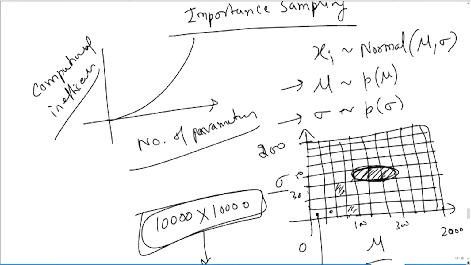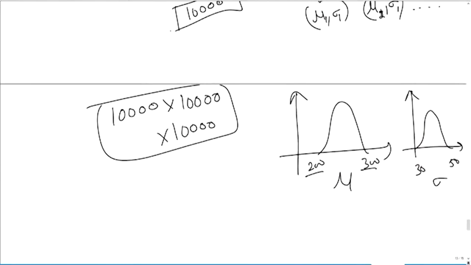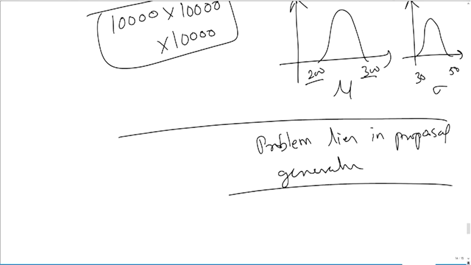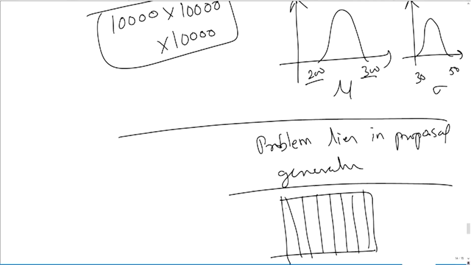The reason why this approach cannot work is precisely because of how you are generating proposals. The main problem lies in proposal generation. Why does the problem lie in proposal generation? Because you are generating too many proposals which have 0 posterior density. Although the actual posterior distribution lies here, you are still generating all these proposals in this region and this region.